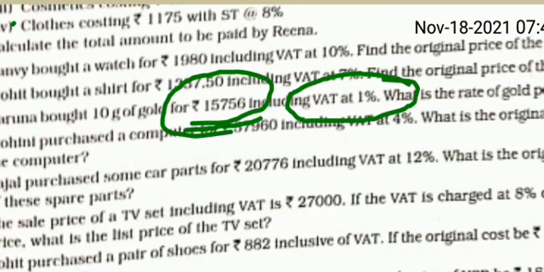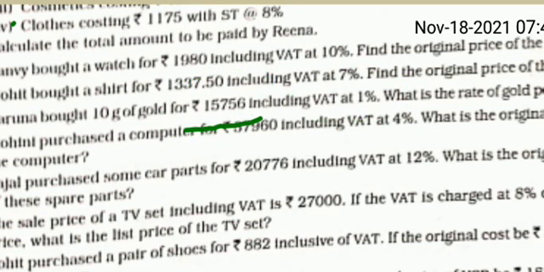That means 1 by 100 into 15,756, and after the calculation, you will get the amount of VAT, and this amount you have to subtract from 15,756. You will get the actual price of 10 gram gold. Question numbers 3, 4 and 5 are the same type of question. Hope that you can solve it yourself.